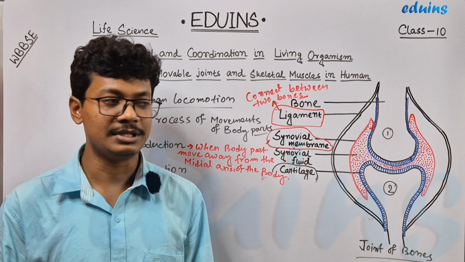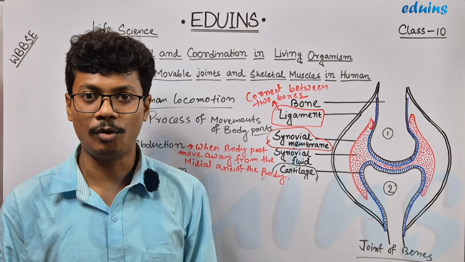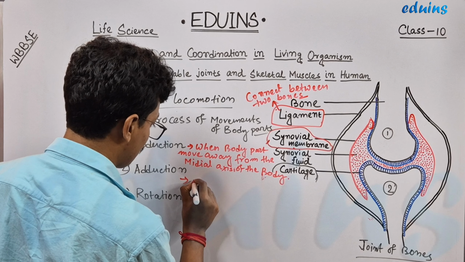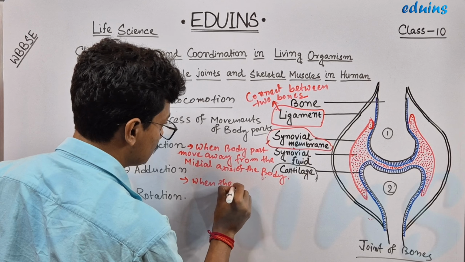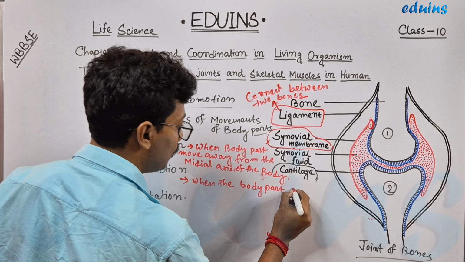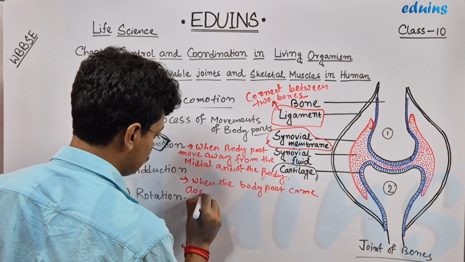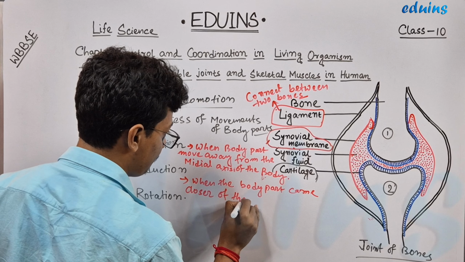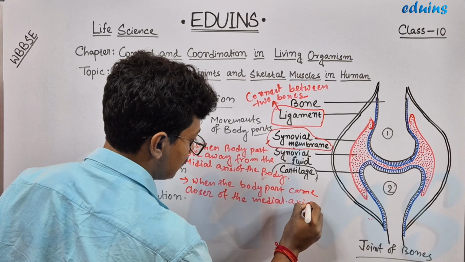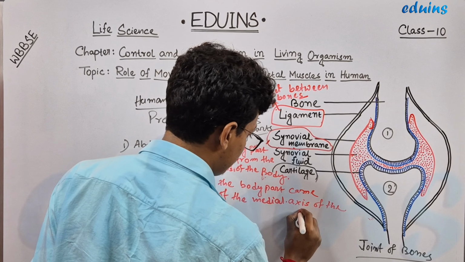And the reverse process, that is, hand is in this position, if we come closer to the body, this will be the adduction. So what is adduction? When the body part comes closer to the median axis of the body.